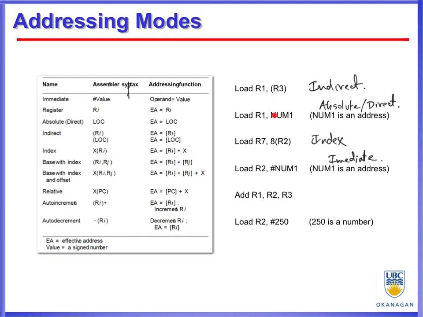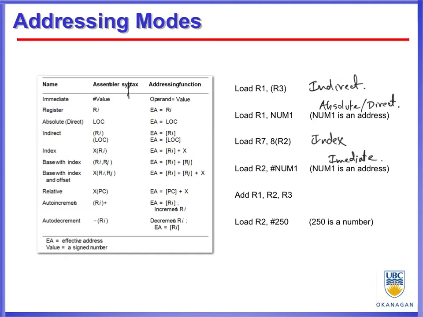In this addressing mode, you always ask, what's the effective address of the operand? Well, the effective address of the operand is num1, which means the operand itself is the value that's stored at memory address num1. Here, with immediate, there is no effective address per se. The operand is the value that comes after the number sign.